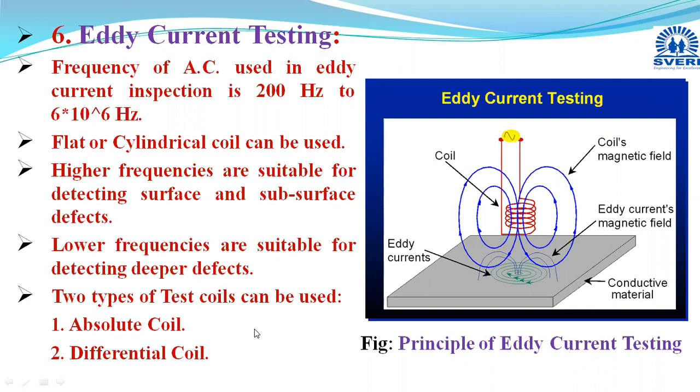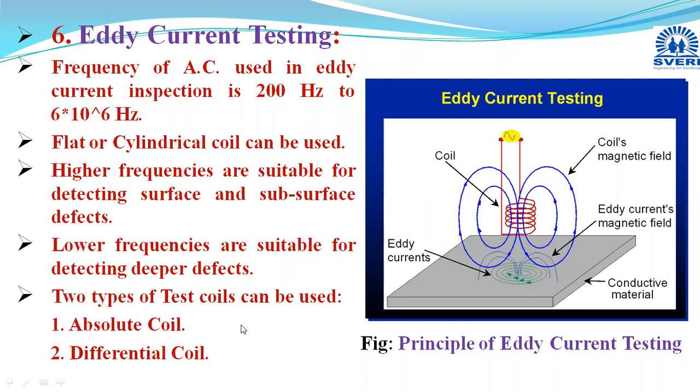With the help of a single coil, we are directly measuring the inductance or impedance. What is the meaning of this impedance? How much resistance is provided to the flow of current. That value will be shown.